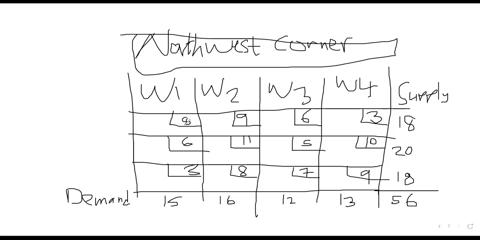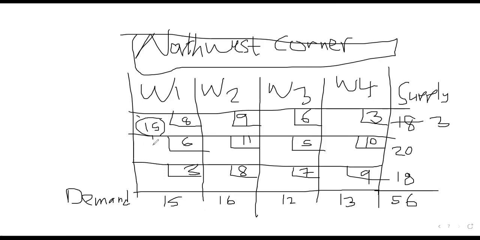So northwest corner, you start from here, this side going the other side. So meaning the demand is 15, but the supply is 18. So meaning you can only meet the demand of 15. You remain with the 3 here.